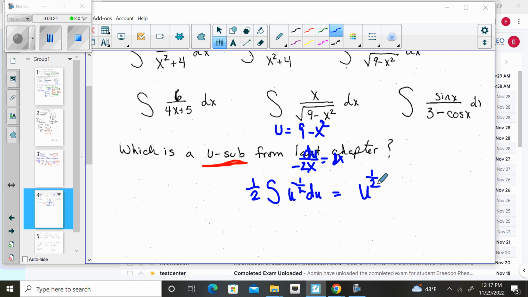Divide by a half, that's the same as multiplying by 2. Let's not forget I already had a half out in front. So obviously this 1/2 and this 2 multiply to 1, and my final answer is u to the half, which is radical 9 minus x squared, plus c.